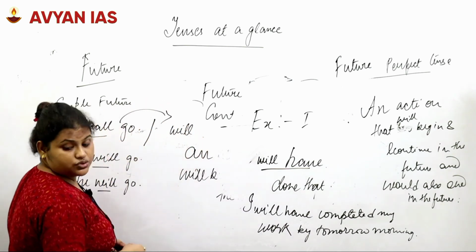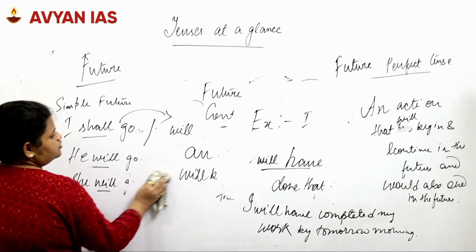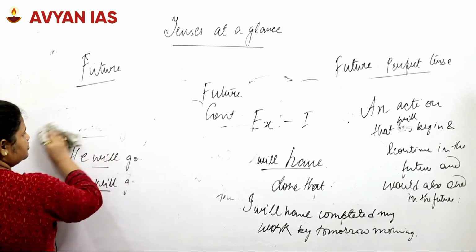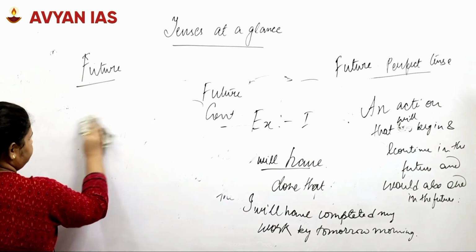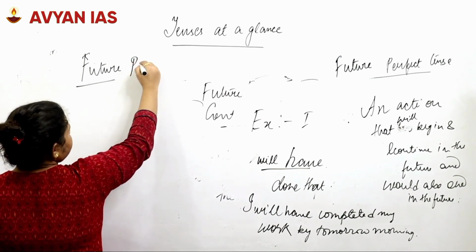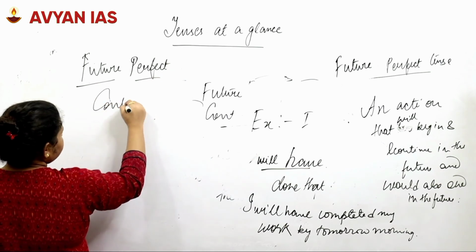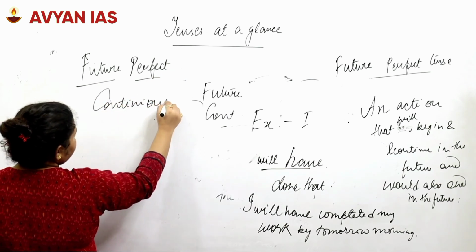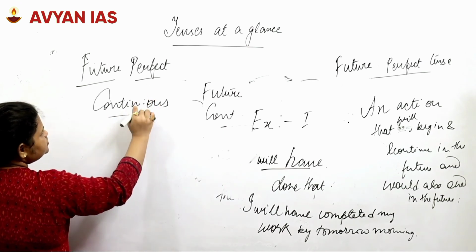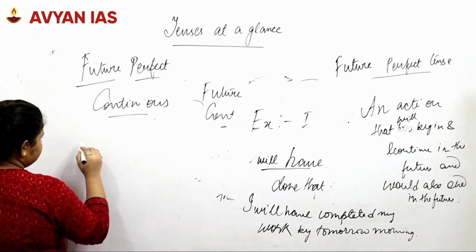Now we come to the last of our tenses, that is the future perfect continuous. The future perfect continuous will take both the future as well as the perfect as well as the continuous in action.